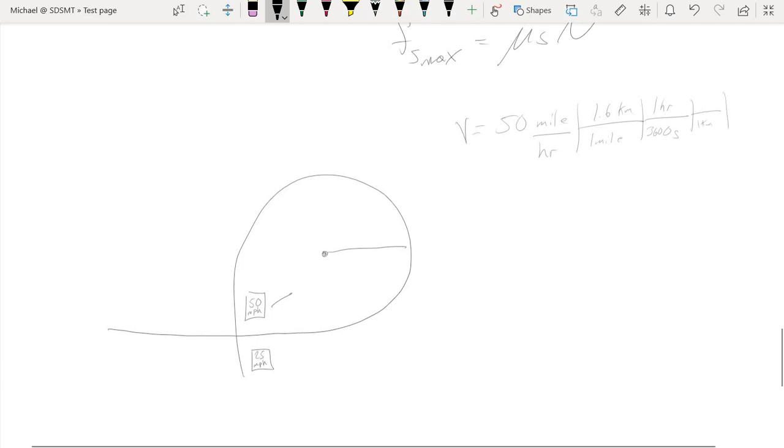For every 1 kilometer, you've got 1,000 meters. So long story short, we have to multiply by 1.6 and divide by 3,600. That's not right. What did I do wrong here?